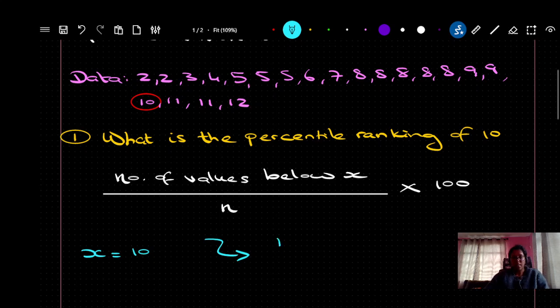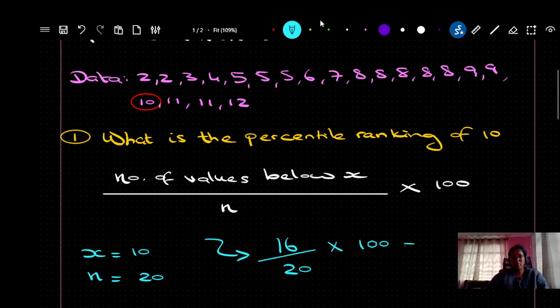So we have 16 values below x, divided by 20, the number of values in all, times 100.